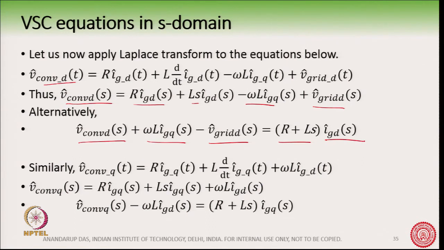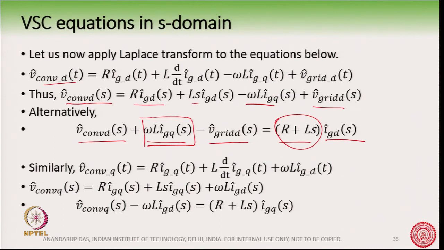So, we have now collected the voltage terms on the left hand side and the current term on the right hand side, and there is this R plus L S term, and then there is this cross coupling of the VSC. This is inherent, as I told you, of the VSC.